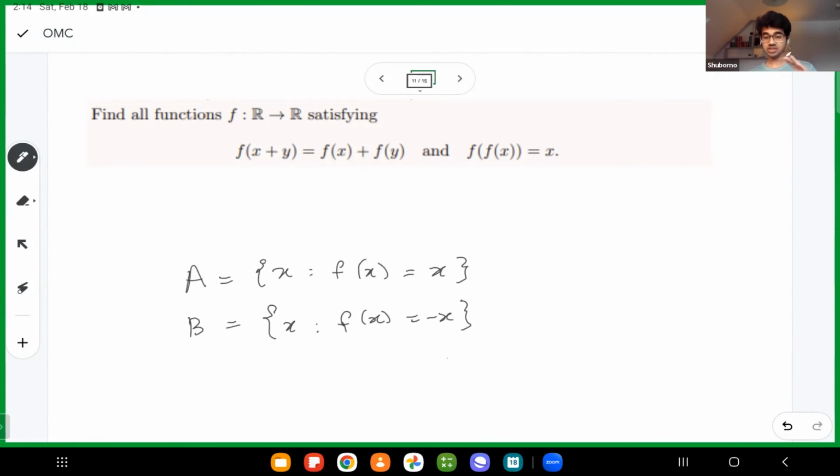Can we express any real value? I'll give you the task: try and express any x as some a plus b, where a is in A and b is in B. Try and find some a and b that satisfy this.